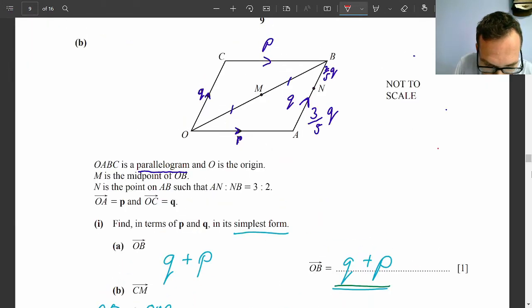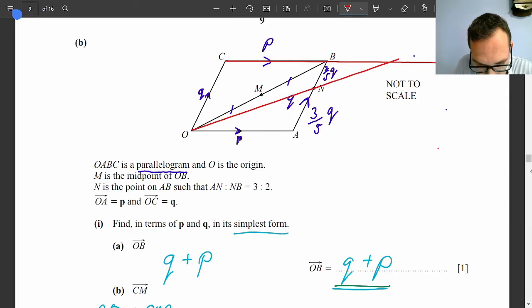Extend line CB, and extend line ON so that they meet at point D. Then give the position vector of D, which means we need to start at O and give the vector that goes straight to D.